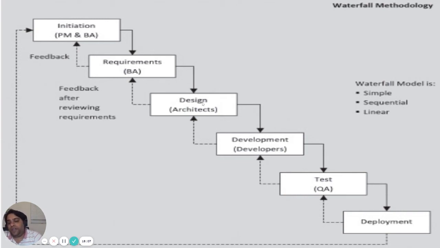Then design. After the design, you will do a demo. Everybody discusses: yes, we agree on this, no, we don't agree on this. At that level, unless and until it gets approved by all stakeholders, it will not go into the next phase.